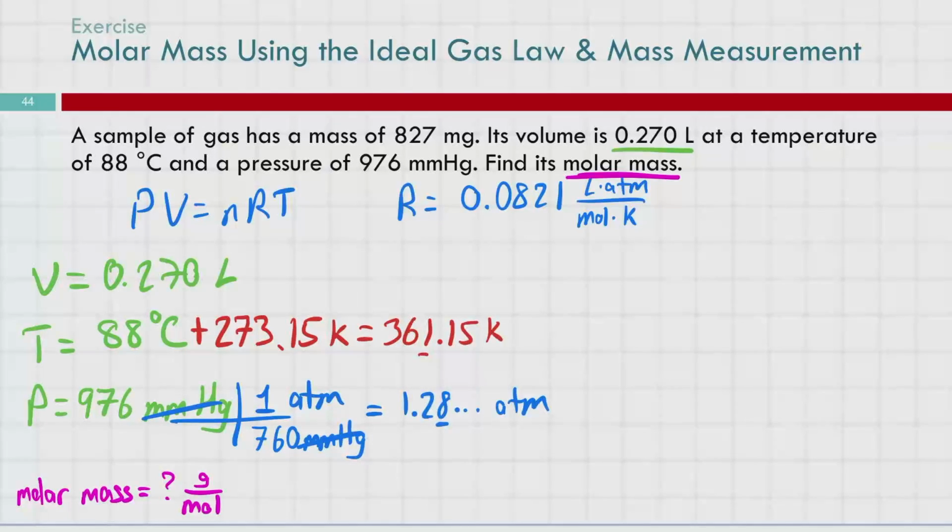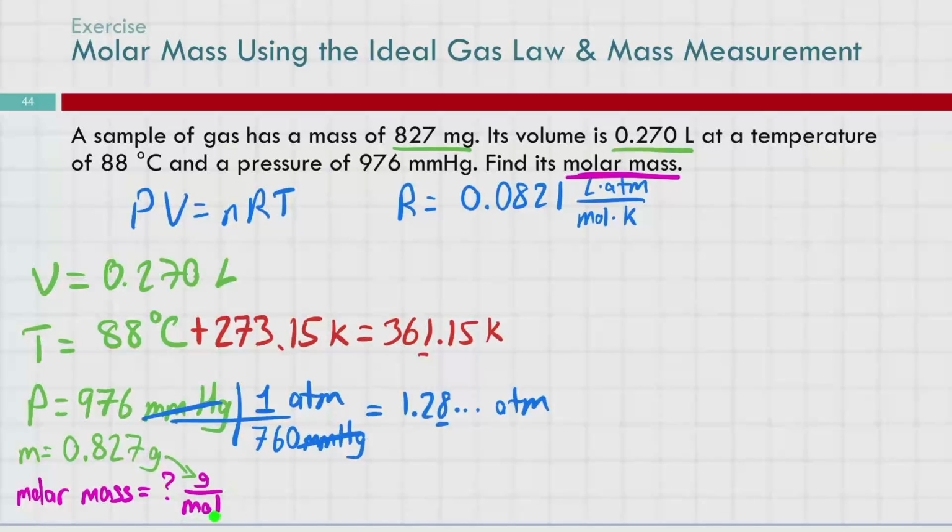We have milligrams, not exactly grams, but we can turn that into grams. It's 827 mg. That's our mass. I'm just going to write it in as 0.827 grams. So we've got the grams. We just do not have the moles.